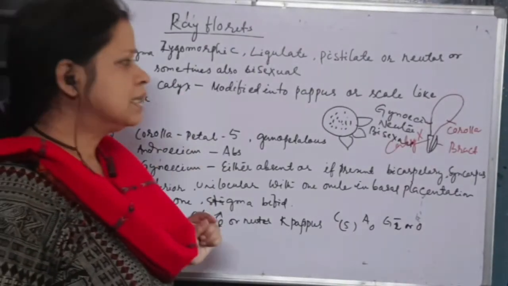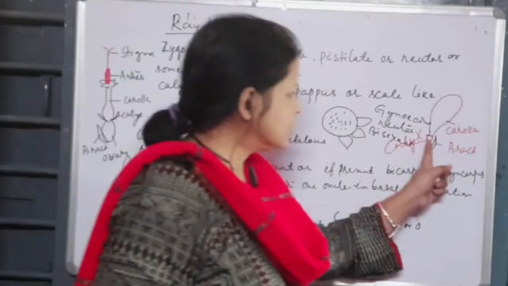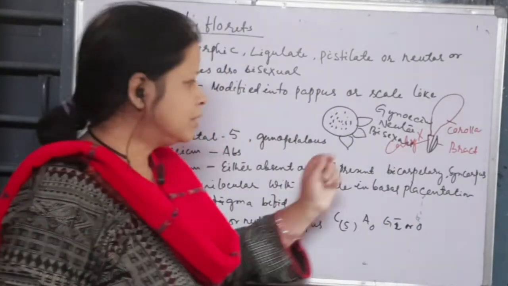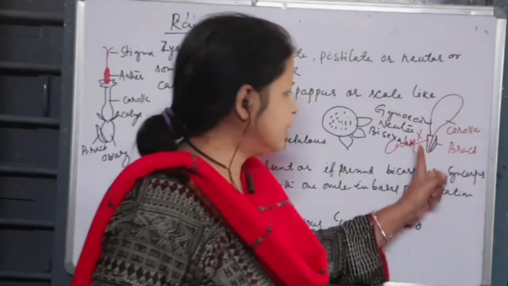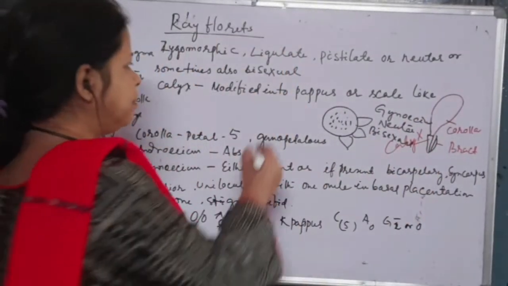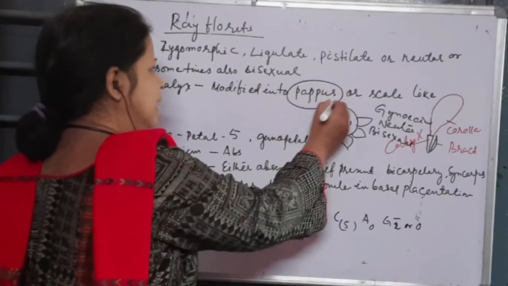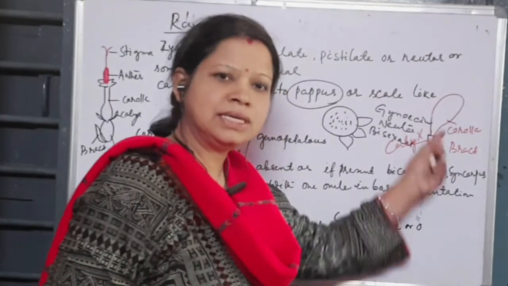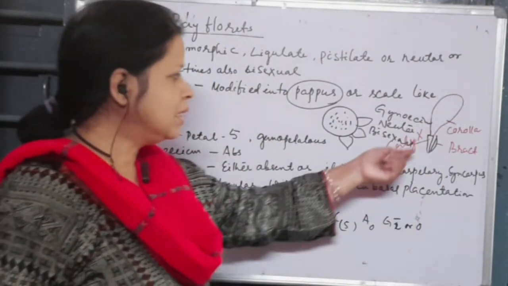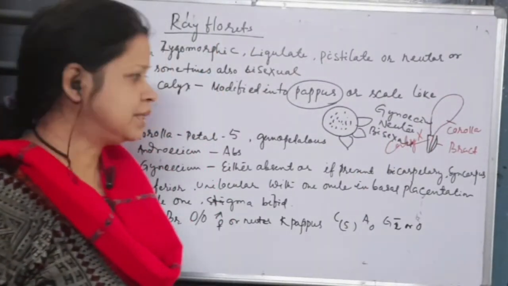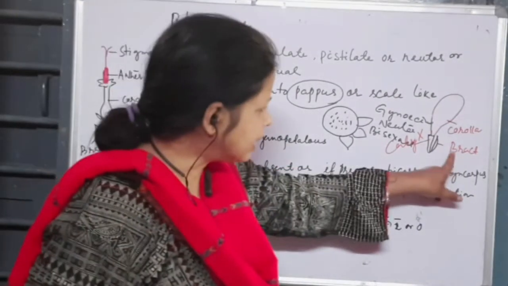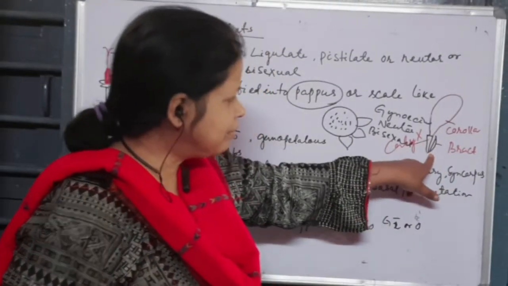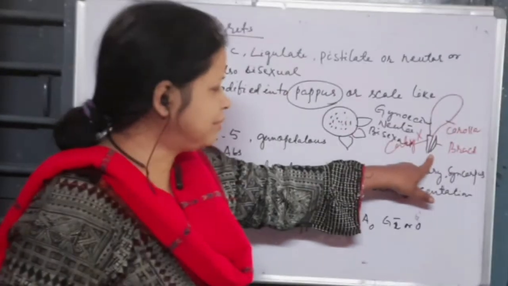Then we come to the calyx. The calyx is sometimes absent, or sometimes it is scale-like, which is known as pappus. Pappus is a scale-like calyx which is present in a tubular form at the base of the ray floret. Then there is a bract at the base of this floret, the ray floret.